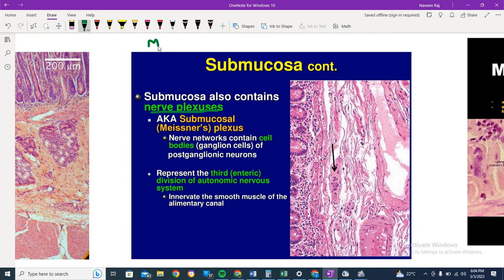I am writing Meissner plexus, nerve plexus. You've got submucosal plexus. So all the same names. Now it has just mentioned, like, nerve plexus, submucosal plexus, or Meissner's plexus.